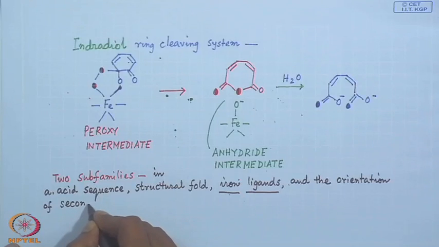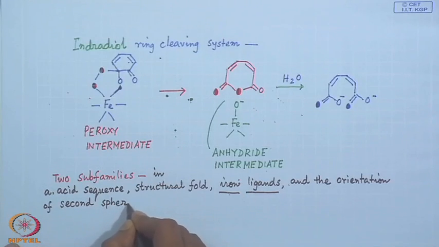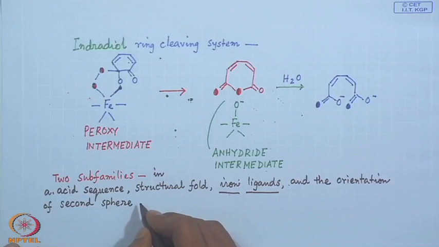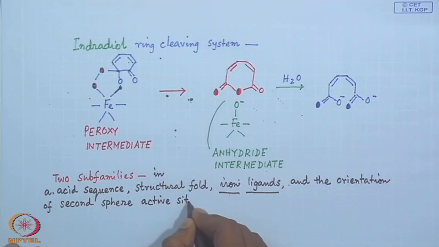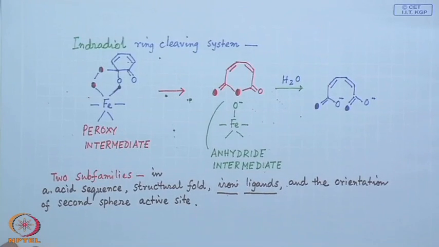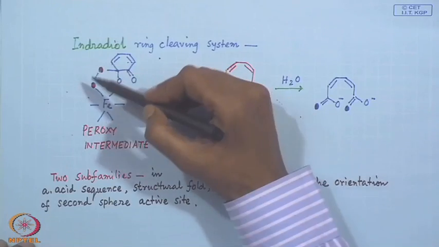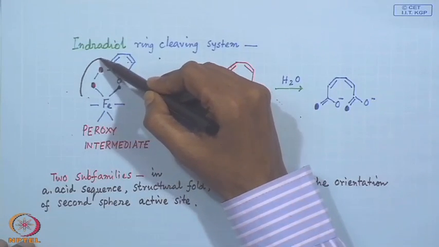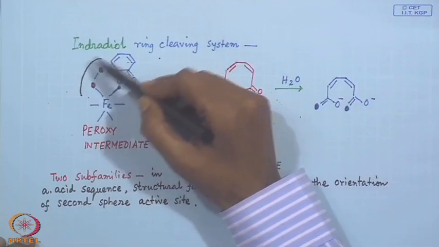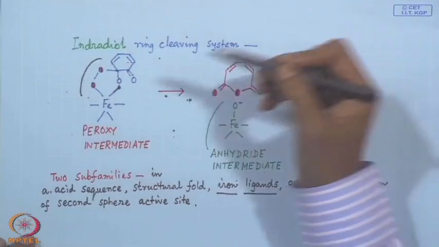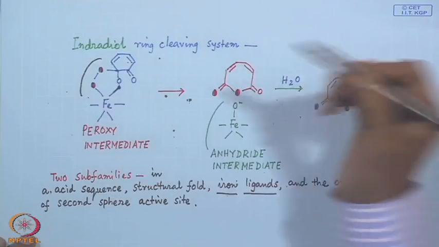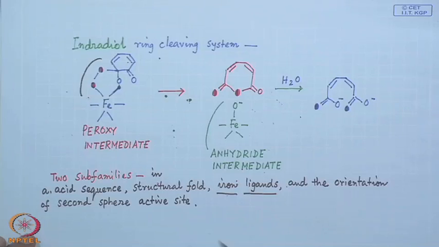Second sphere, active site. So, we want to have the hydrogen bonding interactions, to stabilize this particular arrangement. Otherwise, that peroxide link is not so stable when it is bound to this iron. So, we need to stabilize it with some hydrogen bonding donor atoms.